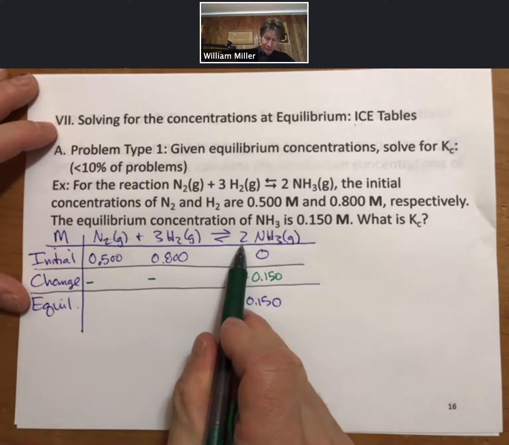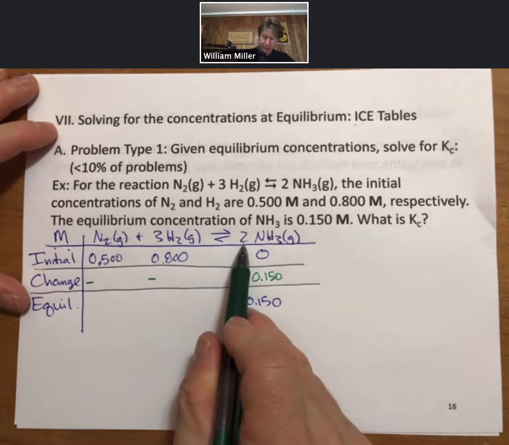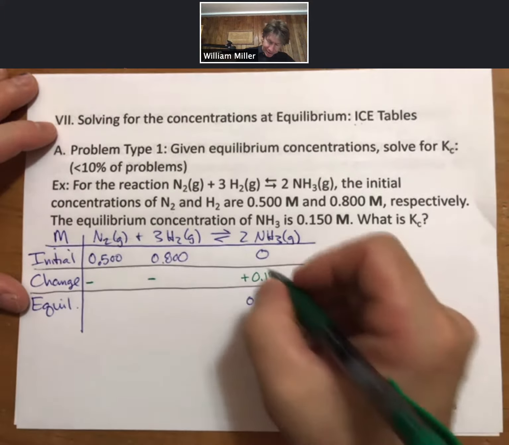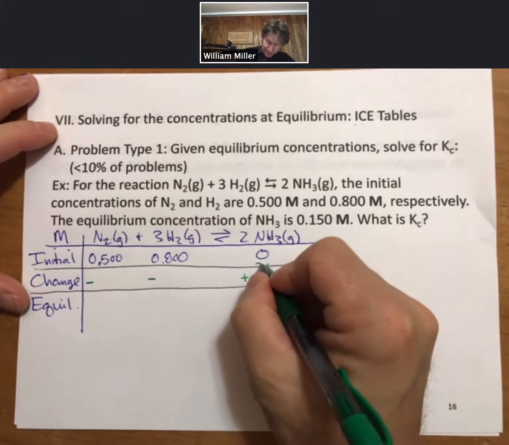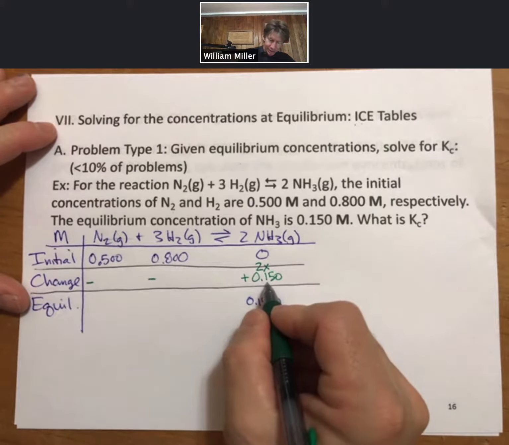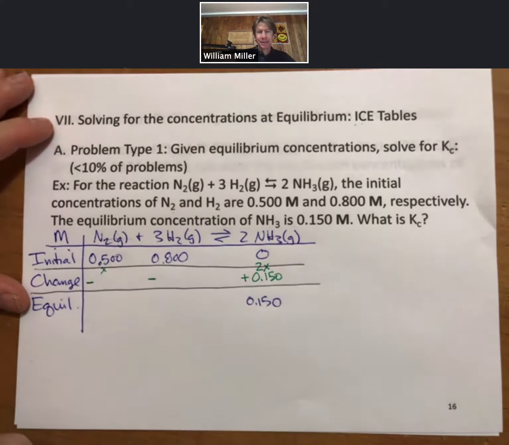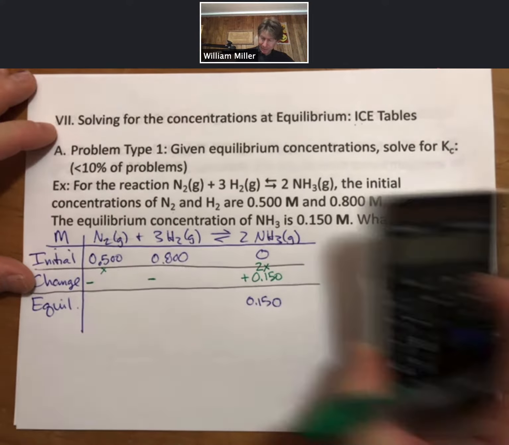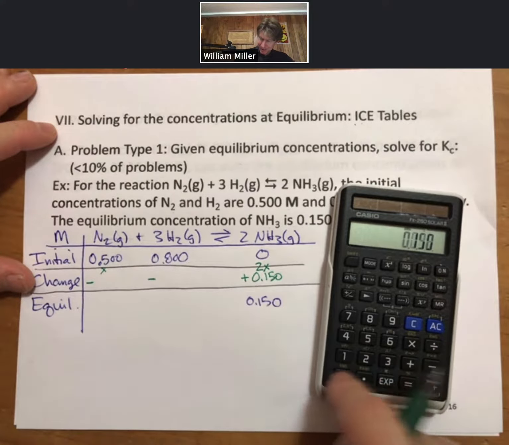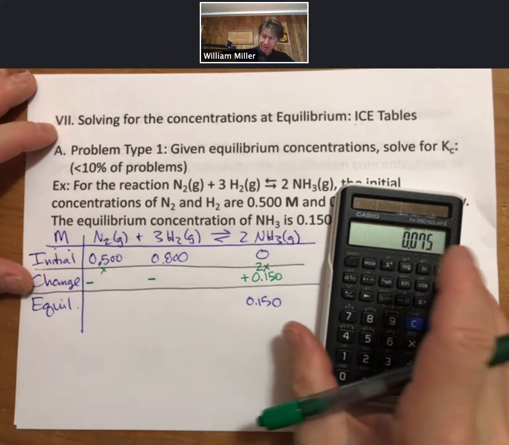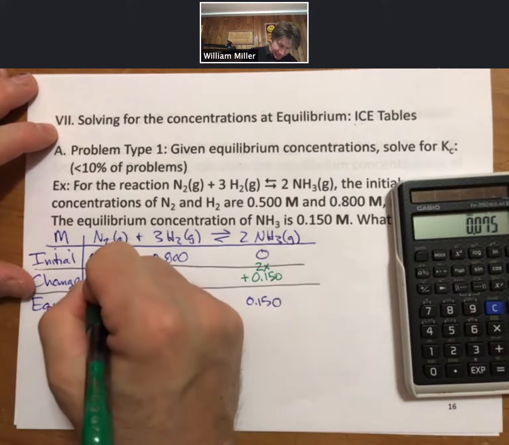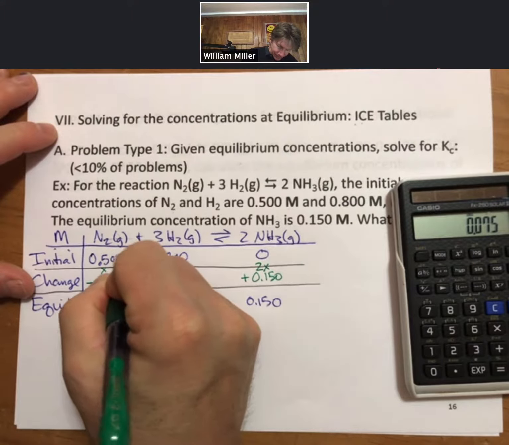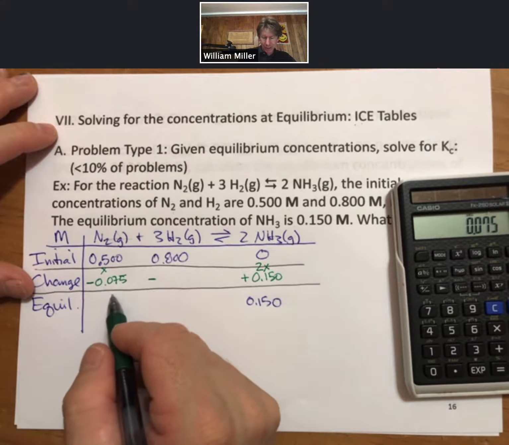Since it's a 2-to-1 ratio, if we call this 2x, then this would just be x. So it has to be half of this value, and half of this value is 0.075.